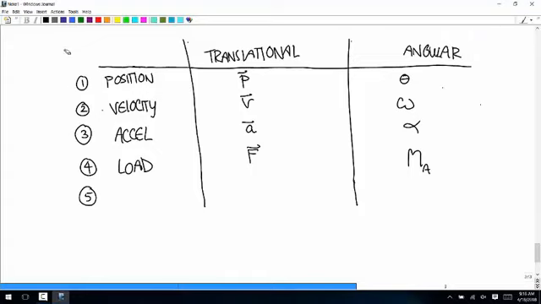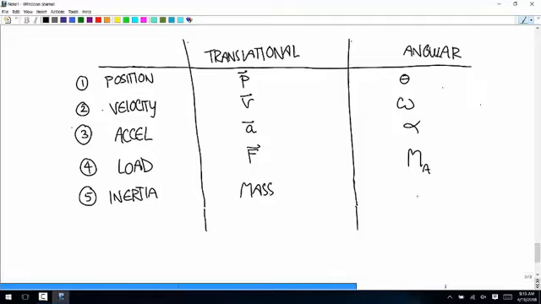Then fifth is a measure of inertia. So what determines how hard it is to make something translate? It's its mass. That's what mass does. Something with a big mass is very hard to accelerate, something with a small mass is easy to accelerate.